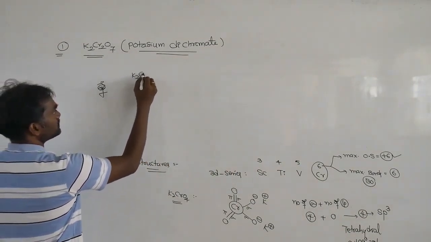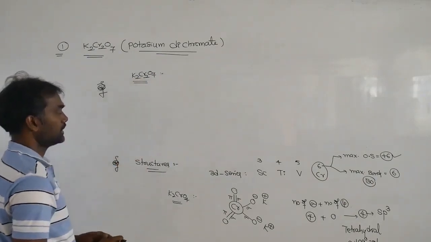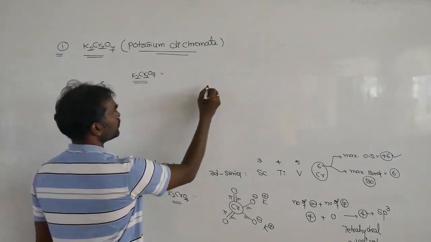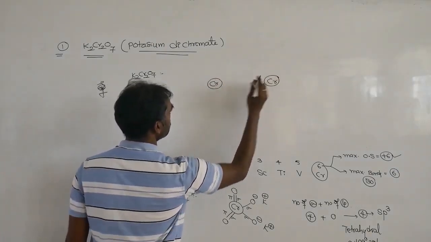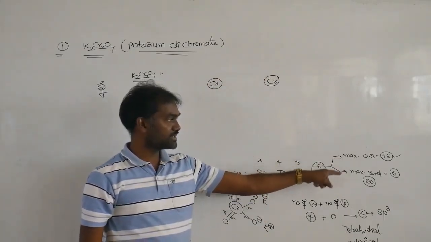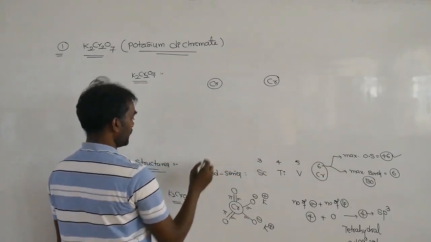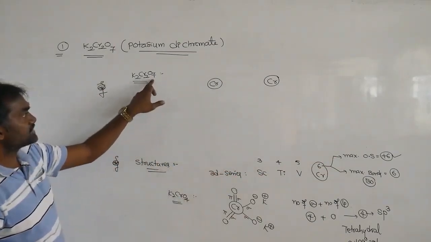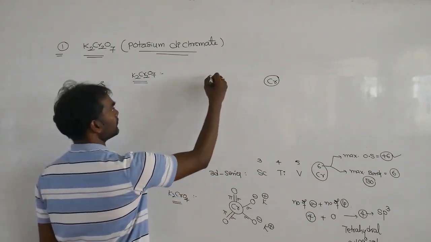K2Cr2O7 structure. Here also 2 chromiums are there, so I am taking 2 chromiums separately. Always remember, the group number is 6, which means maximum bonds are also 6. Seven oxygens are there. On one chromium I will put 3, and on the other also 3.